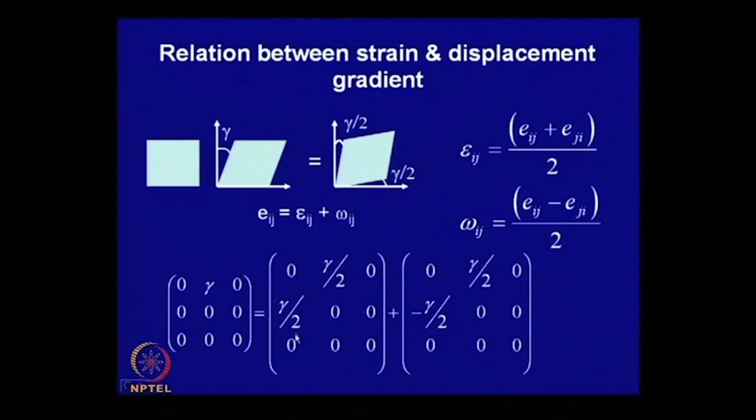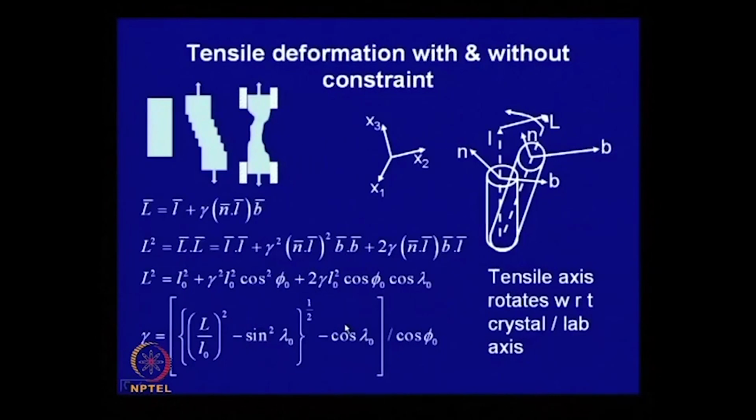So, if you have to calculate strain energy, you have to find out this strain matrix. So, that physical concept is quite important in understanding the subsequent part, particularly to understand deformation of polycrystal.